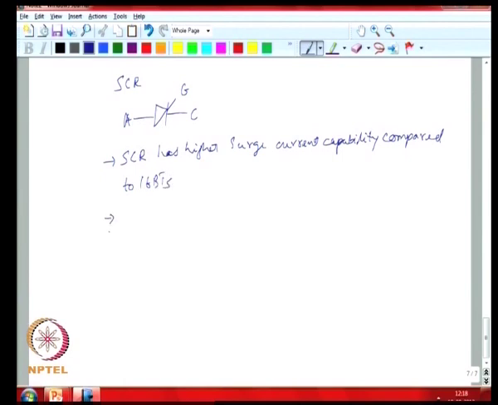So if you look at the higher power SCRs, they are commonly available in what is called press pack packages.